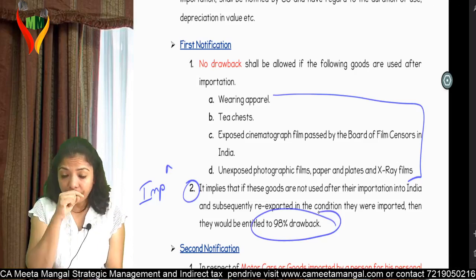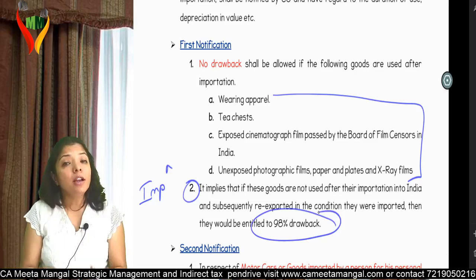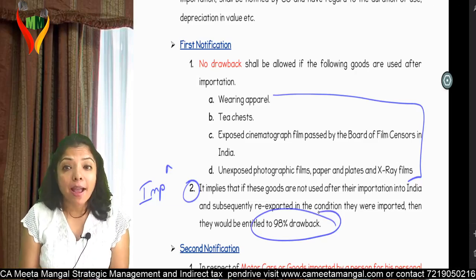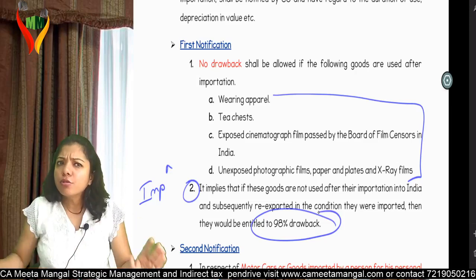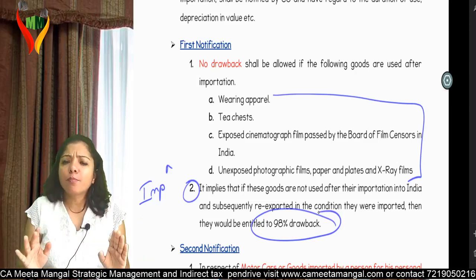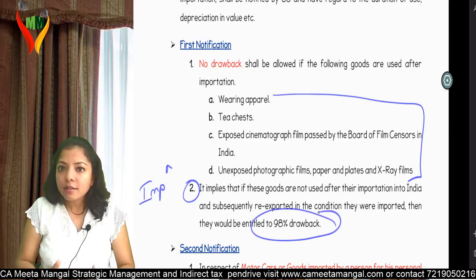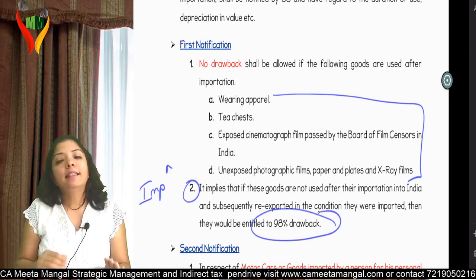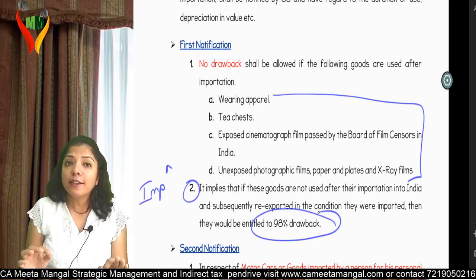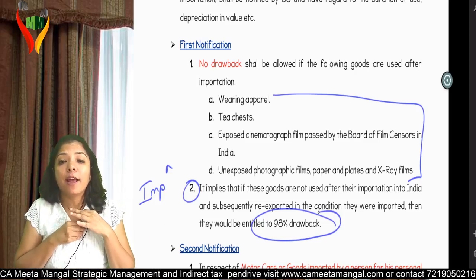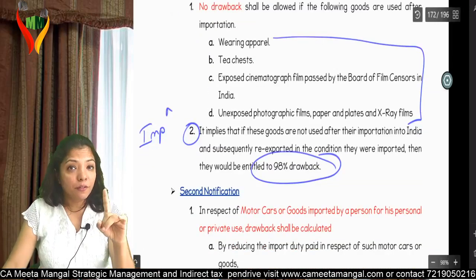That means for these four, you will not be eligible for drawback only when you import and use them. Once used, if you then export, finish. No drawback allowed. But if you import it, don't use it and then export it, then you'll be eligible for 98% duty drawback, provided you satisfy all the conditions. Am I clear? First notification.